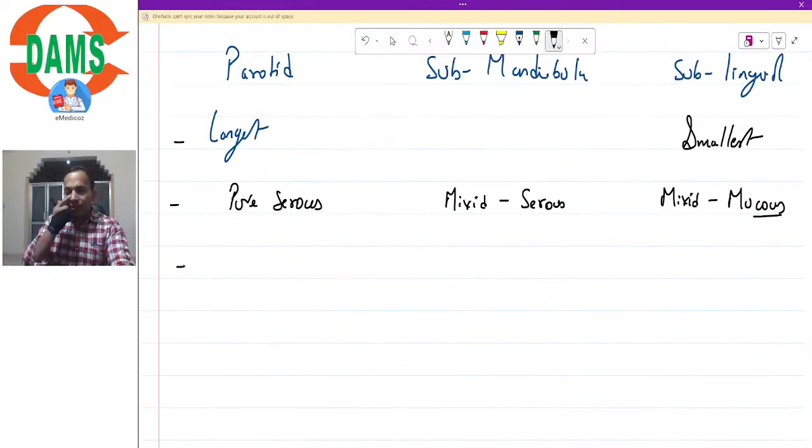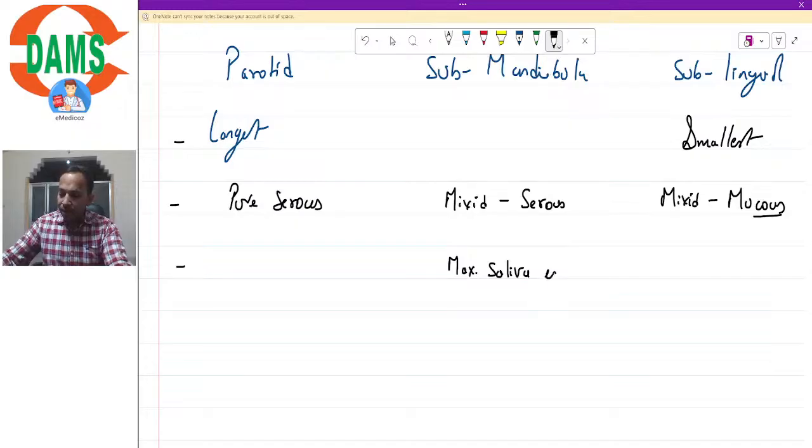Another important thing that we need to notice here is that in the resting state, the submandibular gland forms maximum saliva, or you can say it is the dominant salivary secreting gland in resting state.